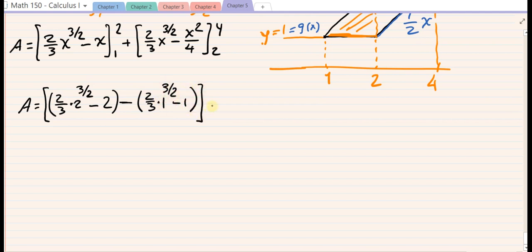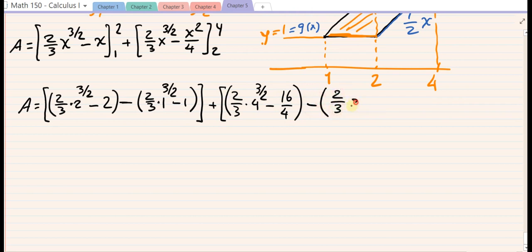Done with the first integral. Second integral, 2/3 times 4 to the 3/2, minus 4 squared over 4, which is 16/4. And then minus the lower limit, which is 2/3 times 2 to the 3/2, minus 2 squared over 4, which is 4/4, which is 1.